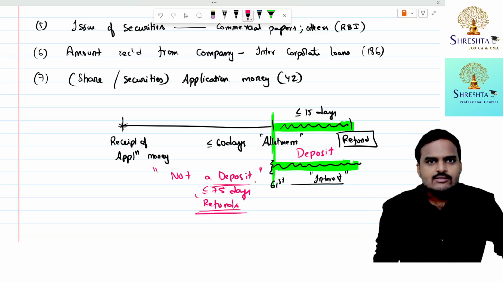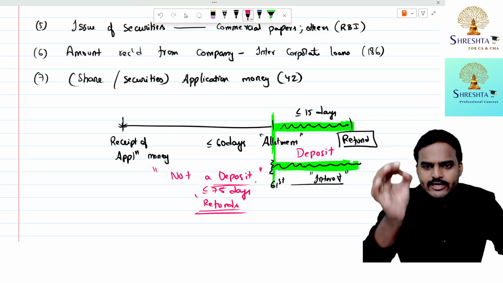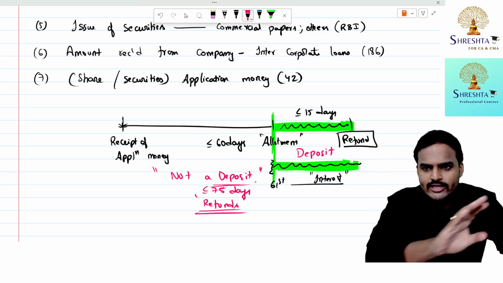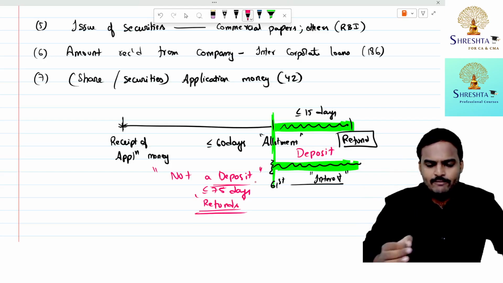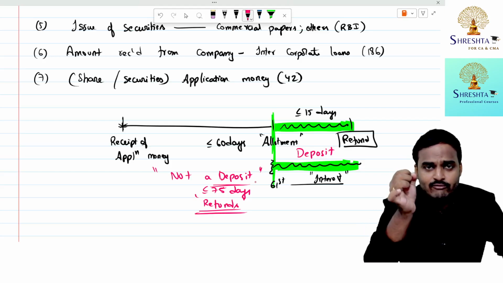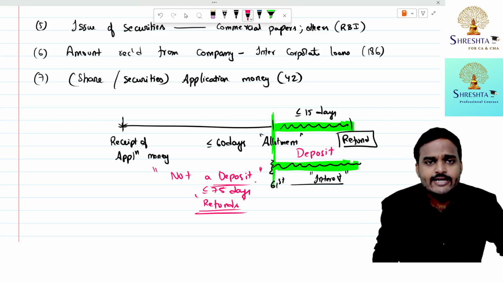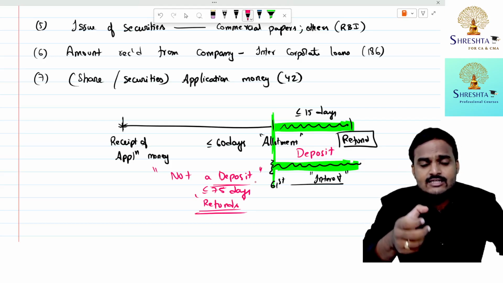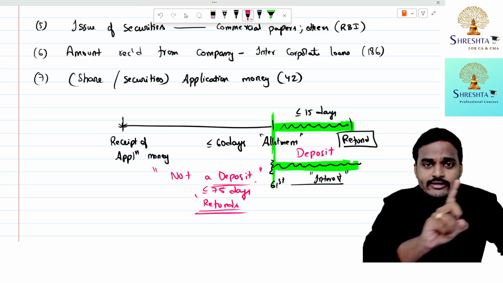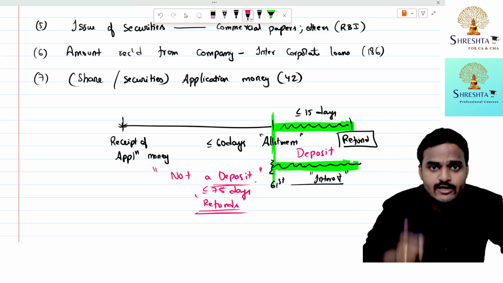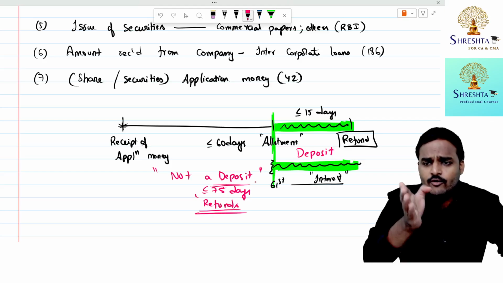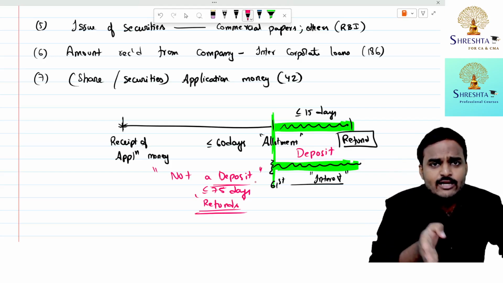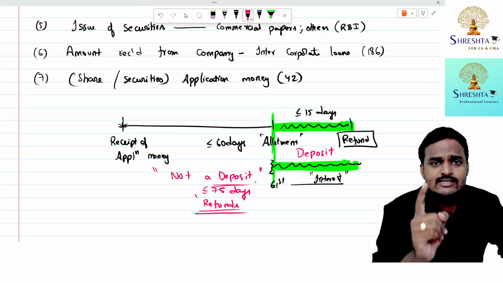Sir, share application money up to 60 days from the date of receipt of application money is not a deposit, provided the company makes allotment. If the company fails to make allotment, then the company is required to refund within 15 days from the expiry of 60 days. Then also it is not treated as a deposit. If the company fails to return securities application money or share application money within 15 days from the expiry of the 60th day, then it will be treated as a deposit.